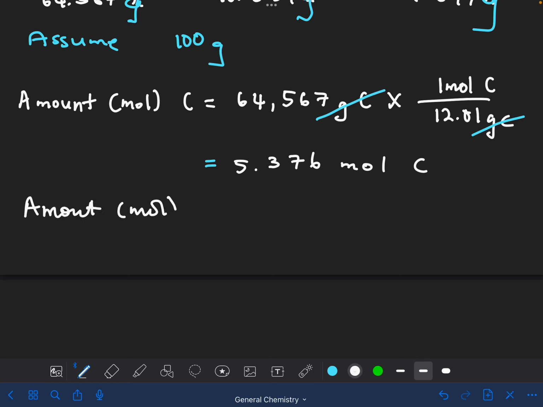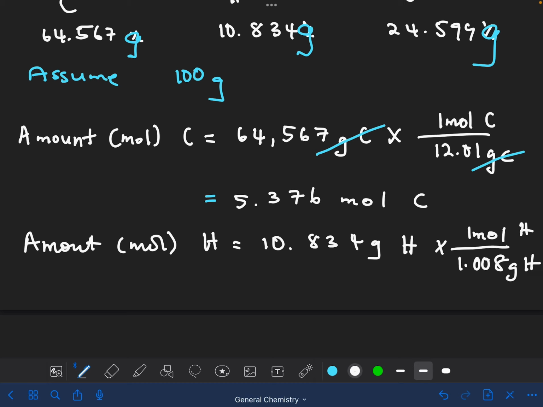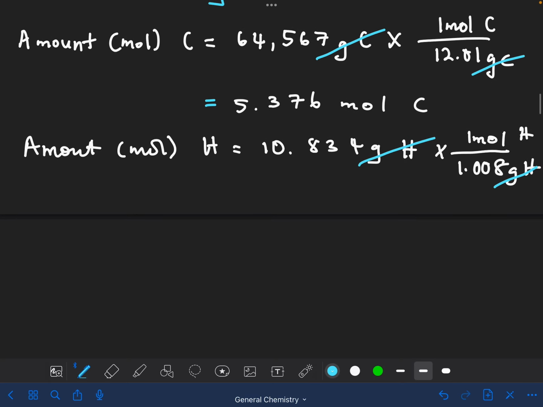Then the amount in moles of hydrogen. Then for this one, we've got 10.834 grams of hydrogen multiplied by its molar mass, 1 mole of hydrogen per 1.008 grams of hydrogen. Still, guys, dimensional analysis. Okay, and then what do we get?